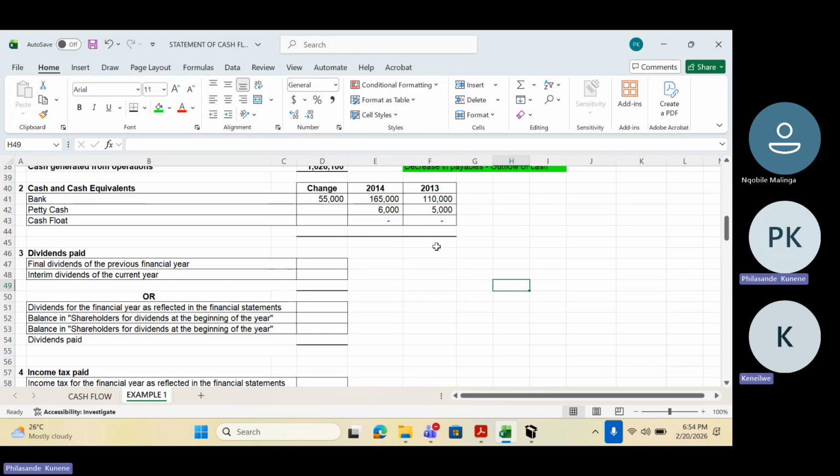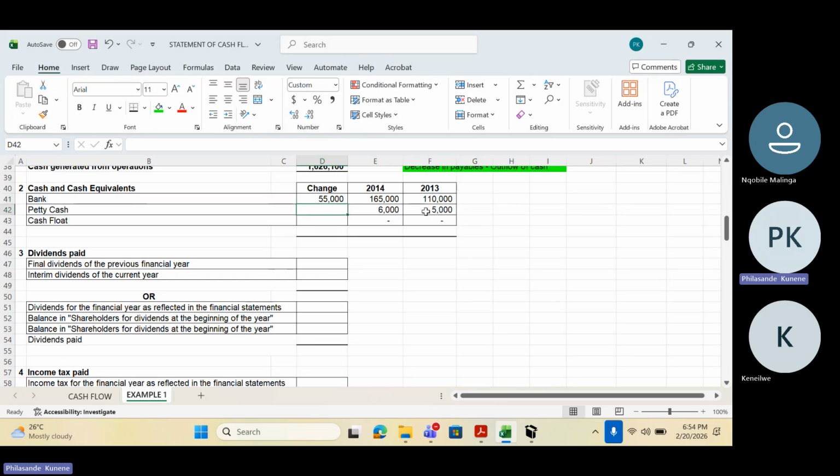Judging from the movement, it is going to be an inflow. Very good, because our cash has increased. It was 110 and then it increased to 165, which means there was an inflow of cash of 55,000. So this is going to be positive.